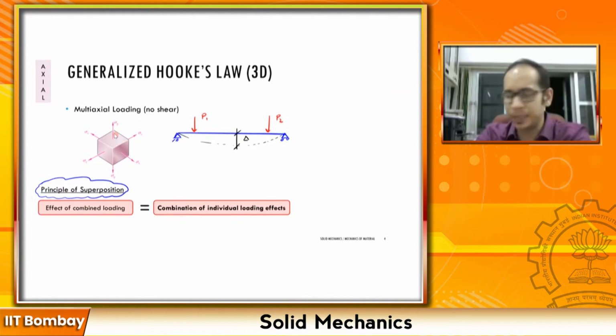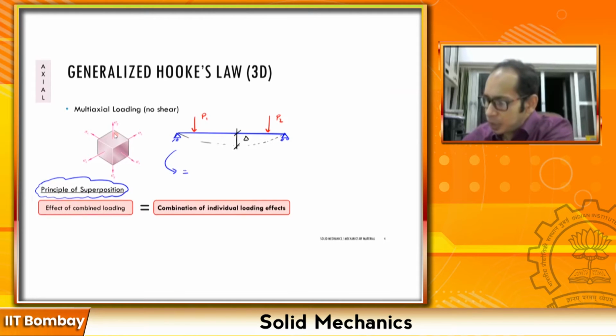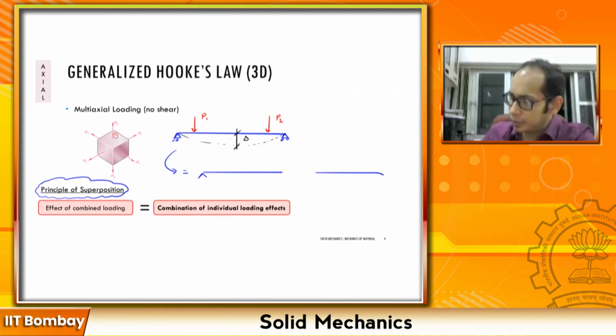If that is my objective, what does the principle of superposition state? This principle of superposition states that this beam can simply be expressed as the combined effect of two separate beams, for which I have the same beam.